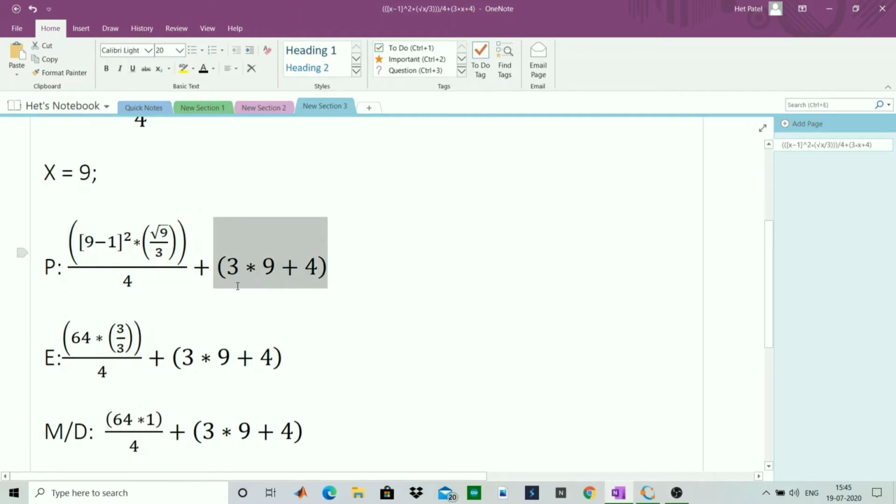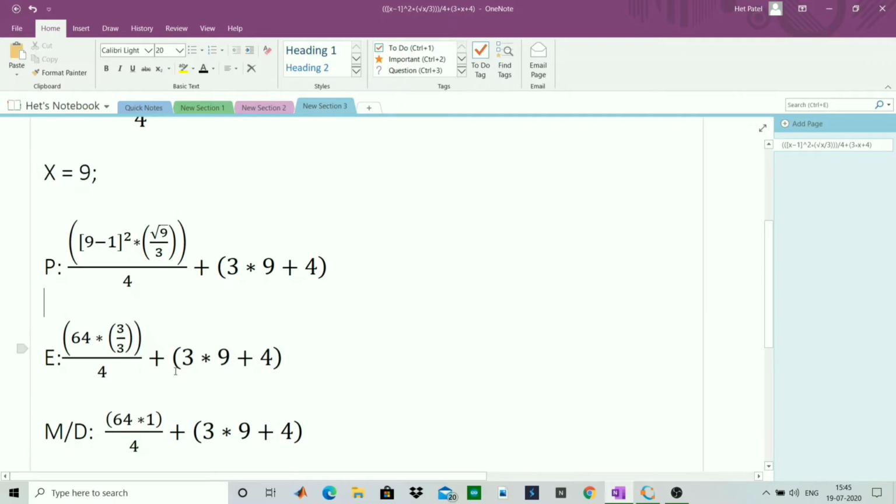Then in the second, it was substituted, but in the second there are no parentheses or exponents, so there won't be any calculation till the third step. In the second step, 9 minus 1 is calculated already in the parenthesis part, and then it would apply the square, so it would be 64, and then root over 9 would be calculated, which gives 3.